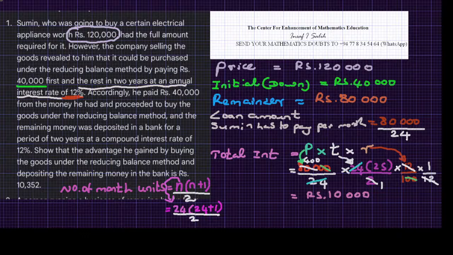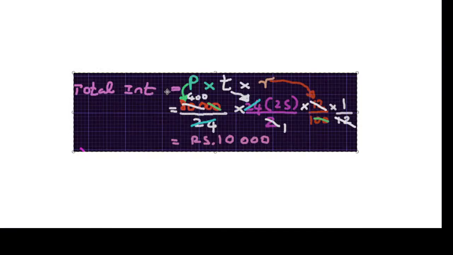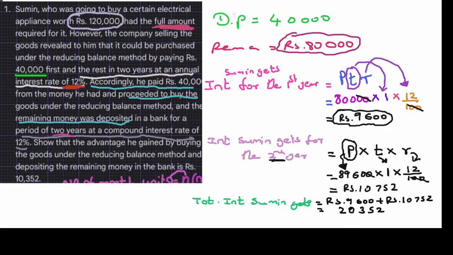So, let's take everything to one page now. The total interest Sumin is paying. Paying to where? To the shop, to the place where he bought the item. So the total interest Sumin is paying is 10,000. And what is the total interest Sumin is getting from the bank, from the fixed deposit he did?